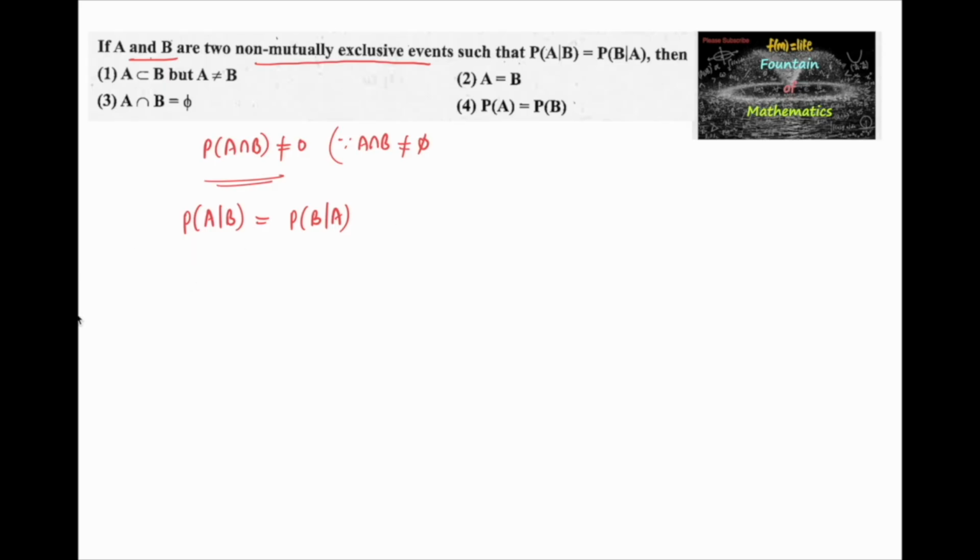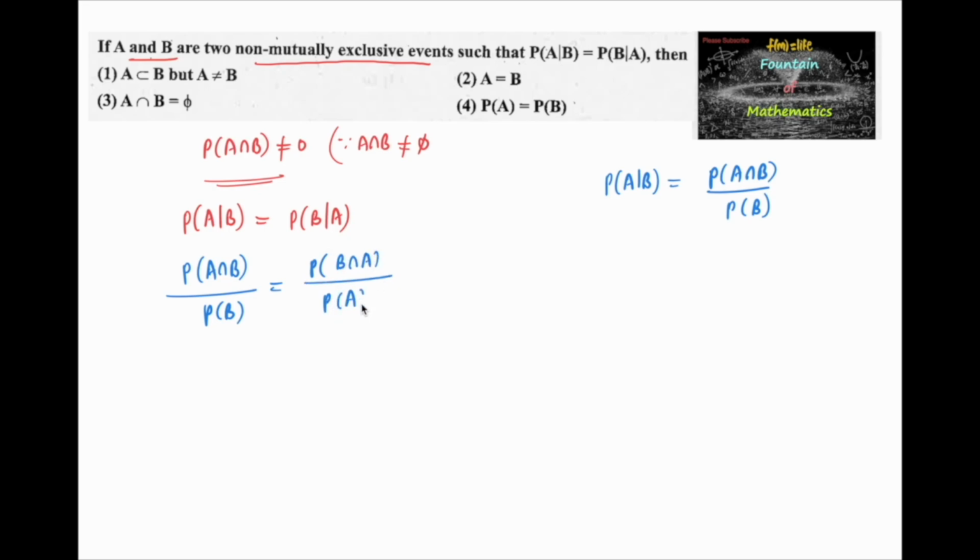So we know that probability of A when B is given is P of A intersection B divided by P of B, which is equal to P of B intersection A divided by P of A.